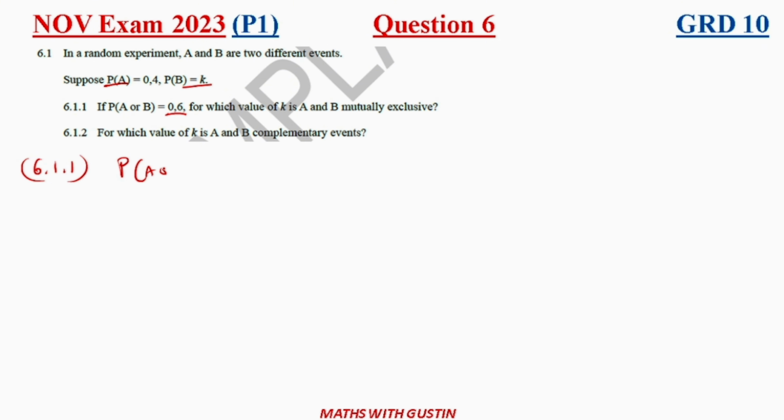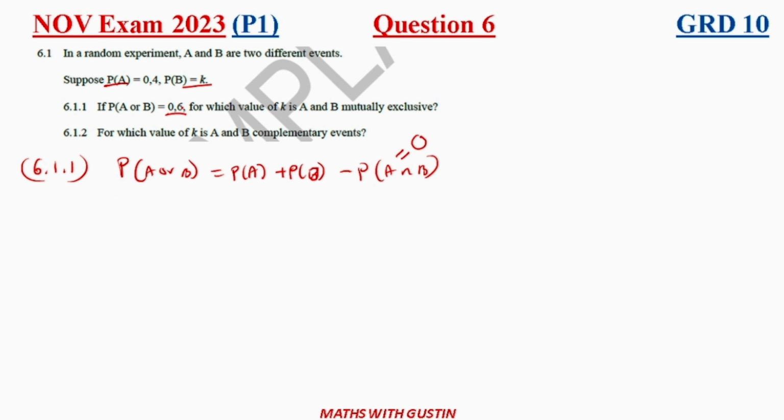So by definition, the probability of A or B is equal to the probability of A plus the probability of B minus the probability of A and B. But because they said mutually exclusive events, this is equal to 0. So you are only left with this.